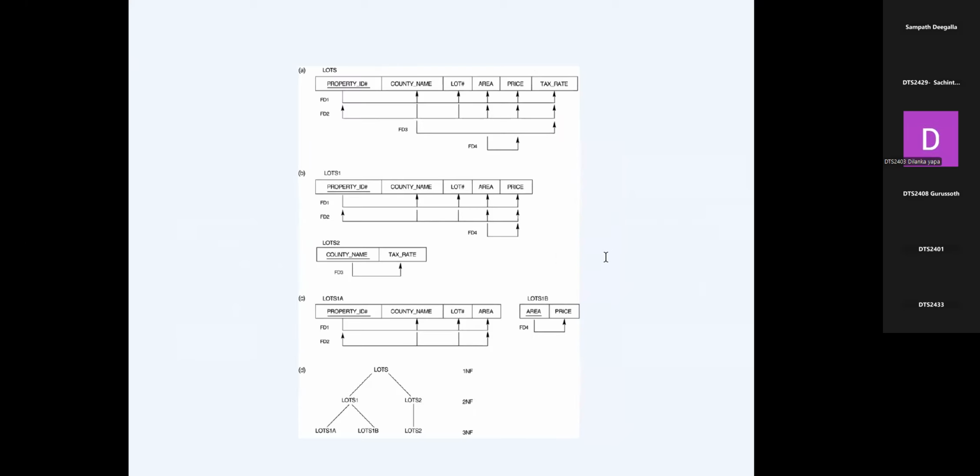Okay, look at this example. Very similar to the previous ones, but you can notice here we have lots. You have property ID, country name, lot number, area, price, and tax rate. So this is a primary key, and therefore you can see all the others are functionally determined by this.